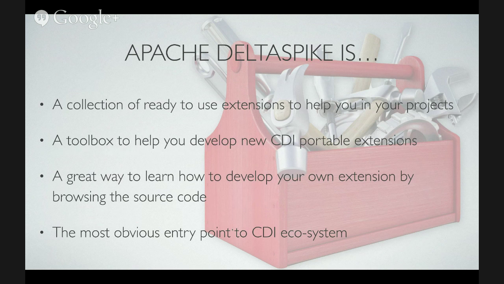If you start to develop a CDI extension from scratch and you are a beginner, perhaps you will find some things a bit difficult to grasp, or the code might be a bit verbose if you don't have those helpers. So the toolbox helps you to write your extension, and it's also a great way to learn how to develop a good extension and all the best practices around CDI extension development.